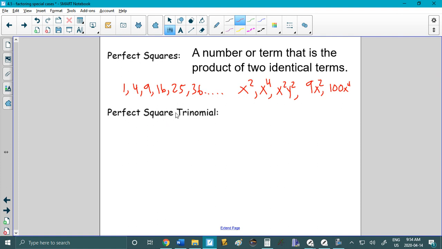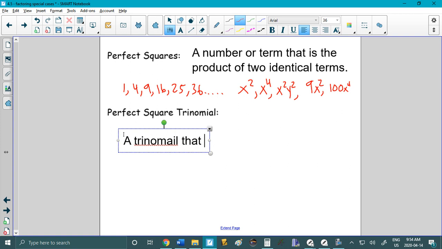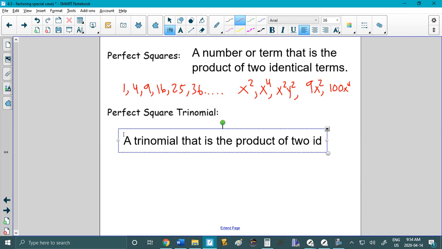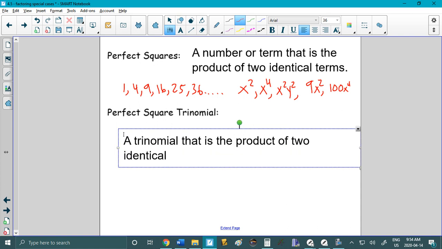Okay, now a perfect squared trinomial is a trinomial that is the product of two identical binomials.